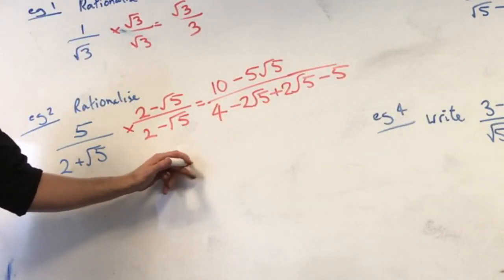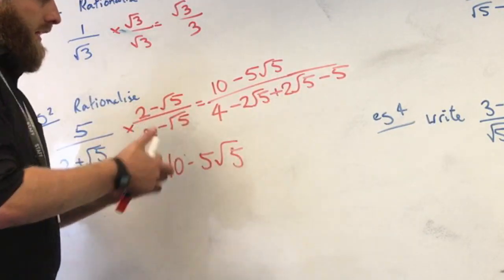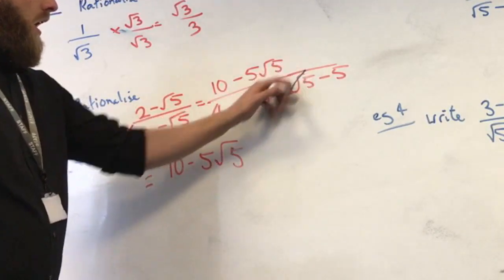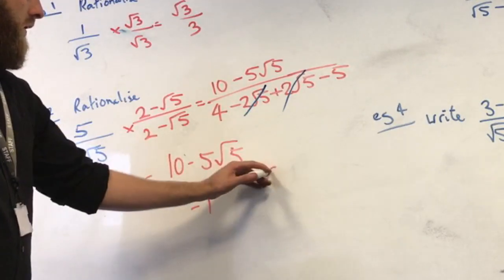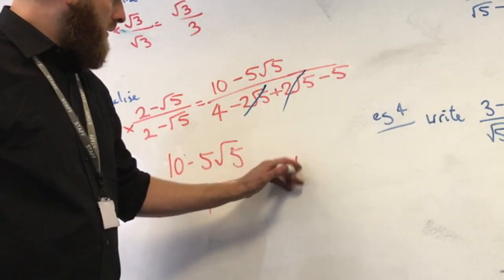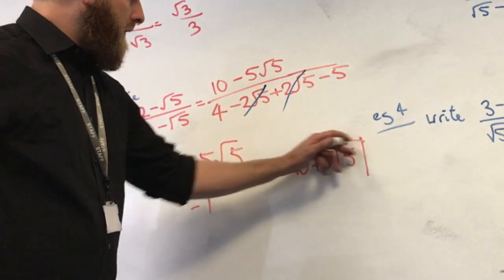So we get 10 minus 5 root 5, those two middle terms are going to cancel. 4 take 5 is minus 1. So the whole thing becomes minus 10 plus 5 root 5.